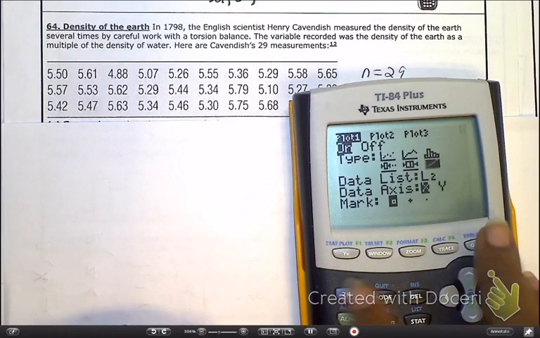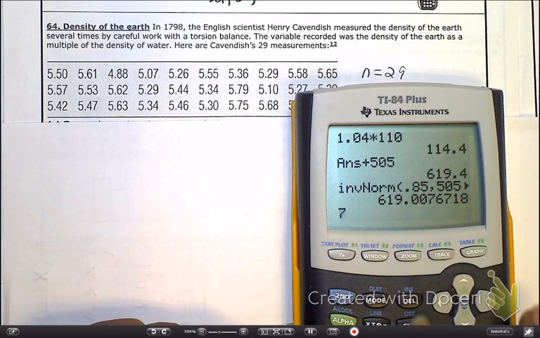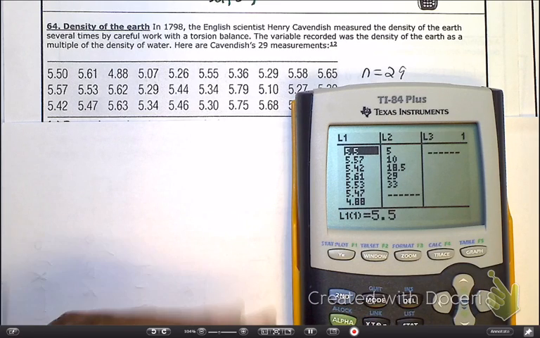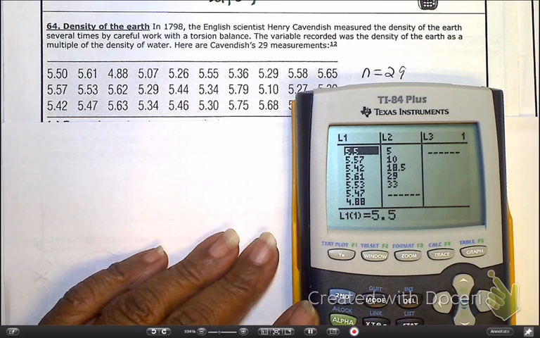So what we need to do is take this and put this in our graphing calculator. We go to Stat, Edit, and you notice I already have it in my L1, so go ahead and take a minute and put it in the L1. Now, after you've done that, let's see if this data is approximately normal.